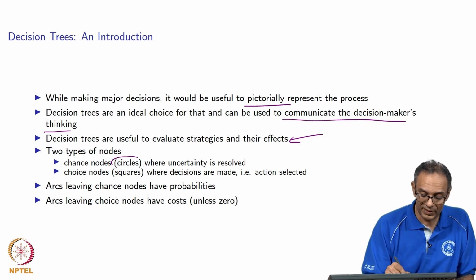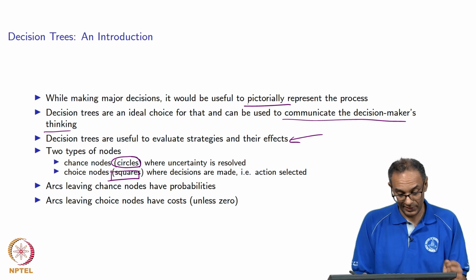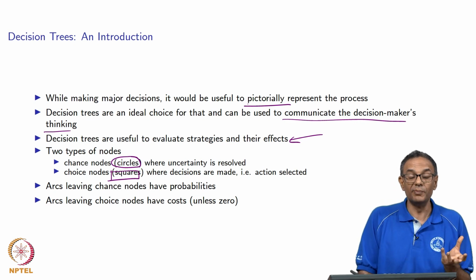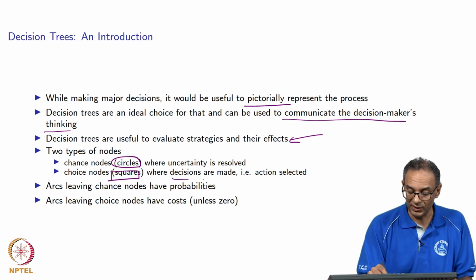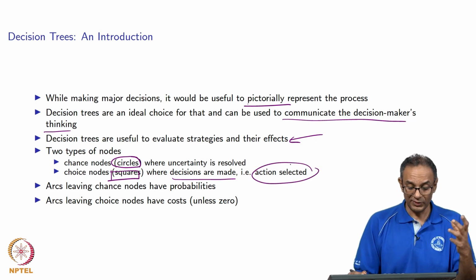Some nodes will be represented as a circle, some nodes will be represented as a square. The circular nodes are what is called chance nodes. That means there is uncertainty involved, and that needs to be resolved. The second type of nodes are called choice nodes. This is where decisions are made or choices are made and you pick an action. Okay, so there are two types of nodes.